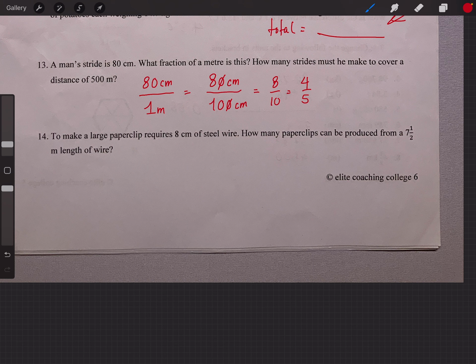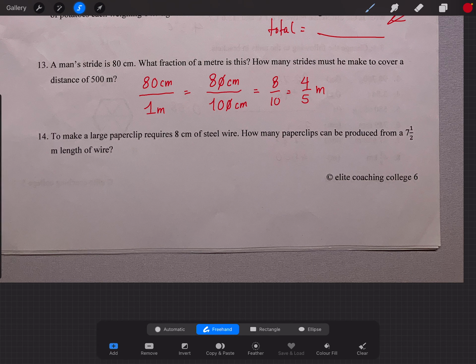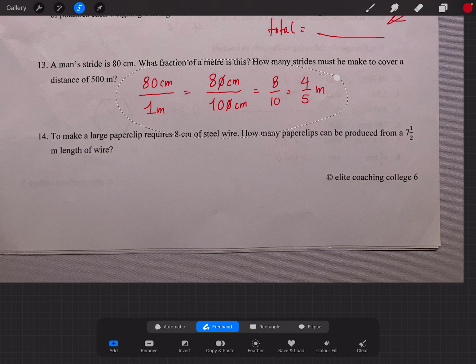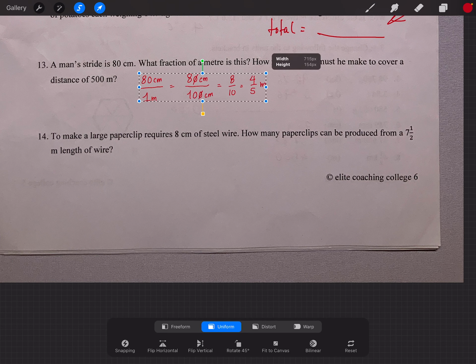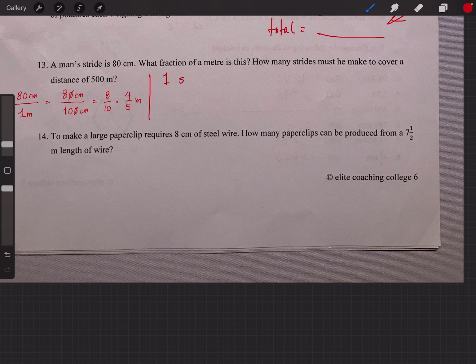Now it says, how many strides must he make to cover a distance of 500 meters? Okay, so let me just move this over here. Okay, so one step equals 4/5 of a meter.